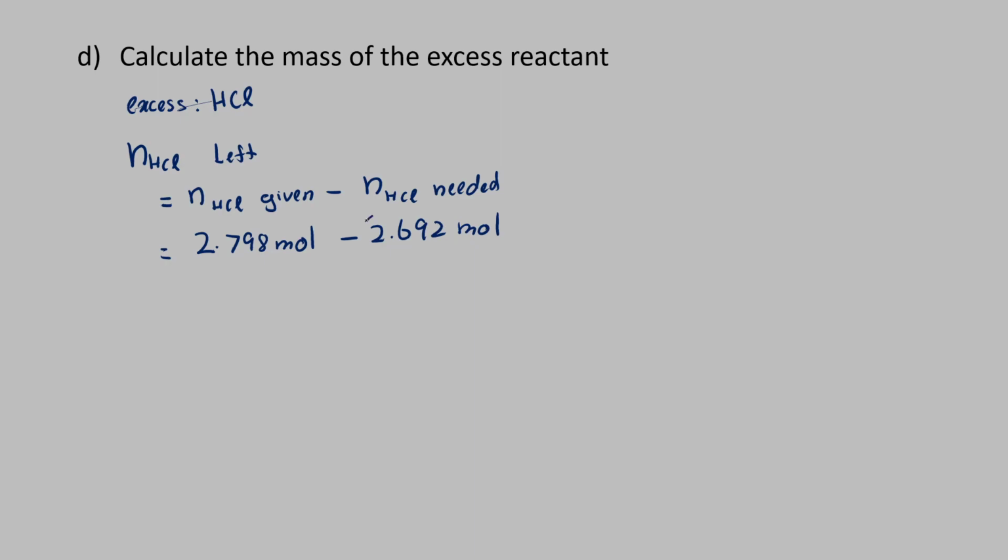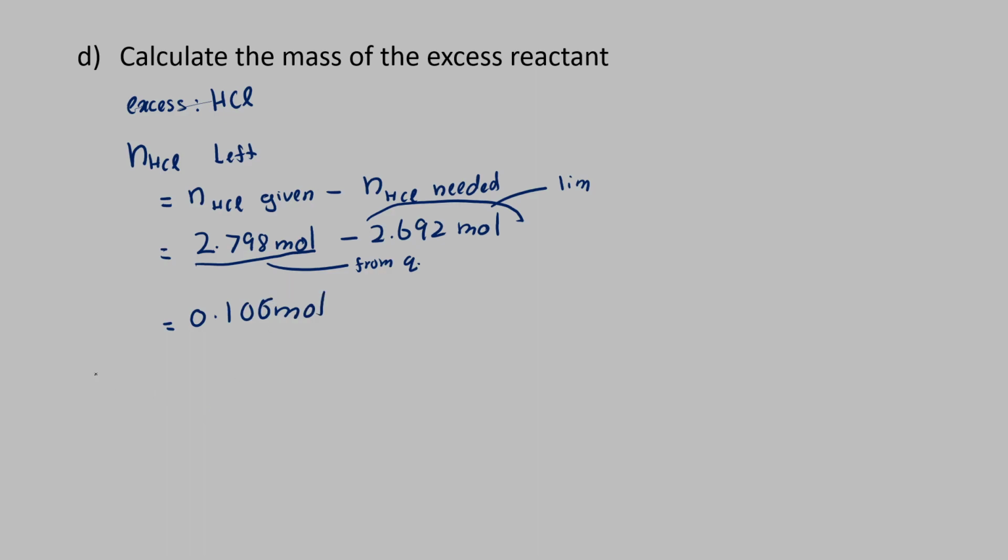Okay, if you're wondering where I got this number, it is the same number as the limiting reactant. Just now we did the comparison, what we need from the limiting reactant. And this one we calculated from the question, we have mole, we have mass, and we calculated its mole from the question. Okay, so now you are left with 0.106 mole.